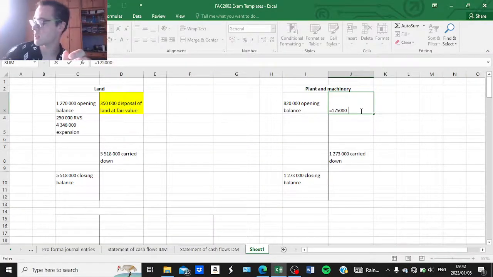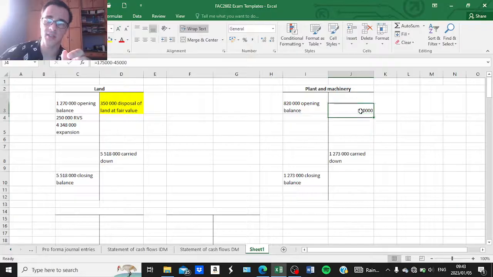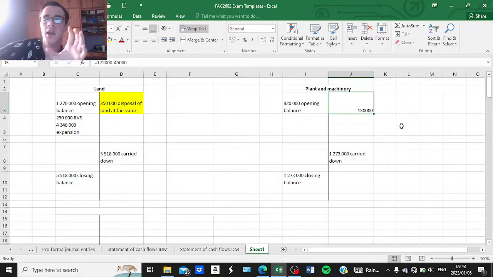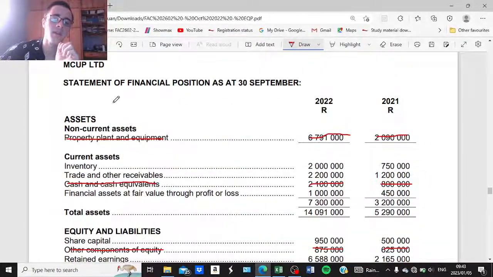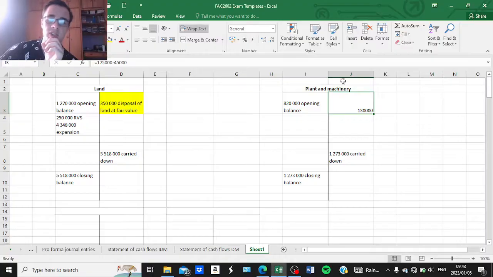Because this amount that you calculate, which is 130,000, represents the carrying amount of the plant and machinery that was sold, and this was the carrying amount on the date of sale. And in the general ledger account for plant and machinery, we are concerned with the carrying amounts. Remember that the property, plant and equipment line in the statement of financial position is shown at carrying value or carrying amount. So in this general ledger account, we are concerned with the carrying amounts.